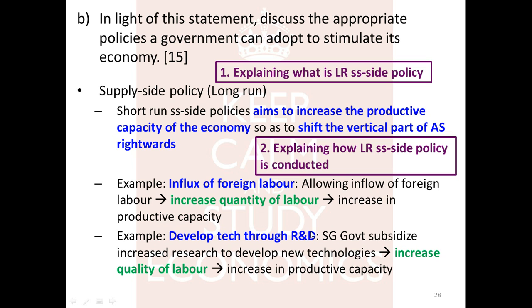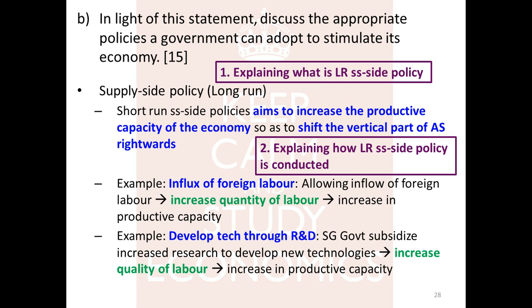Another way to conduct long-run supply side policy is to focus on the quality of labor. A policy that focuses on the quality of labor would be the development of new technology through R&D, research and development. Okay, so what can the government do basically is to subsidize increased research in developing new technologies.